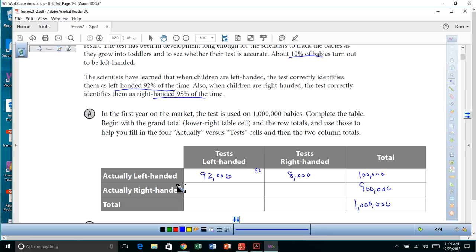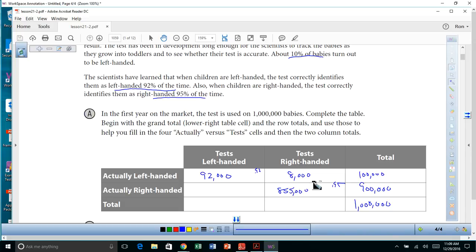Okay, good. Now, let's see, it says also when children are right-handed, the test correctly identifies them as right-handed 95% of the time. So let's put test right-handed and actually right-handed. That's going to be 0.95, and that's going to be 855,000.